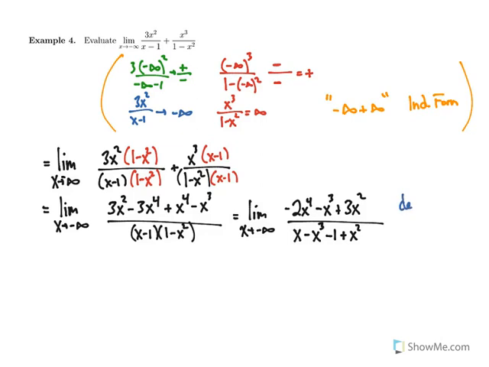And here the degree on the top is 4. The degree on the bottom is 3, which means it's going to go to either positive or negative infinity. And we just have to check the signs on what we're dealing with. So we need to determine if the answer is positive or negative infinity.